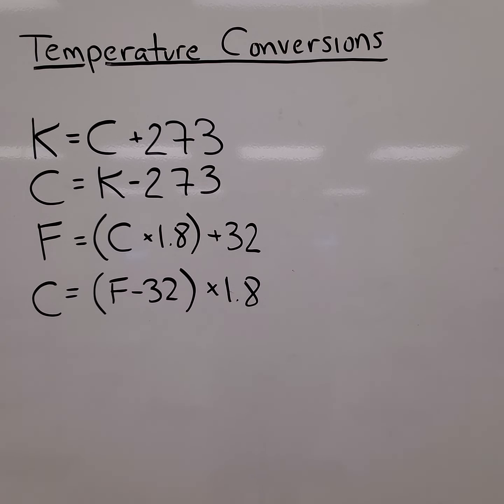Today I'm going to show you how to use these equations given a certain temperature to try to convert to the others. So for the first one, we're going to start with a Fahrenheit temperature of 50. So I know that F is 50. And if I want to convert this to Celsius, I need to find an equation that has C equals, because I want to know what Celsius is, and F in it.